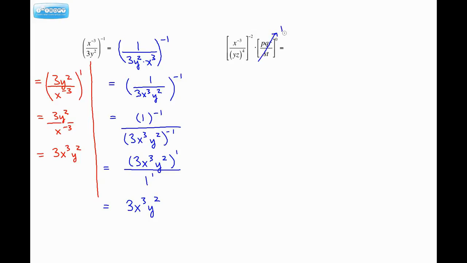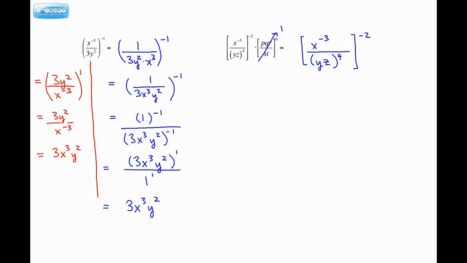And this times 1 is just itself. So that's exactly the same as this. I just effectively dropped it because this times 1 is just itself. So all I have to do is focus on simplifying this mess here.